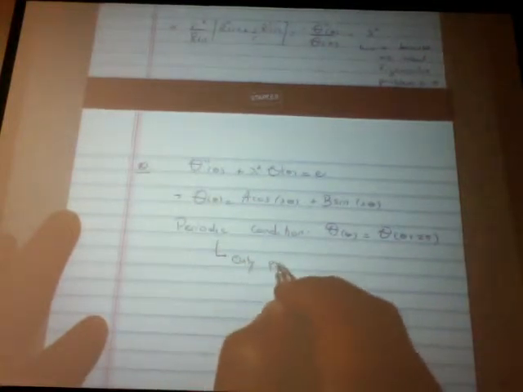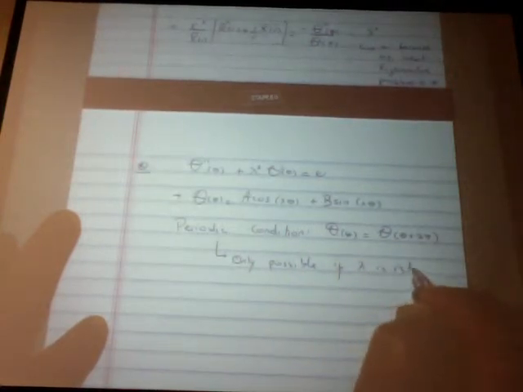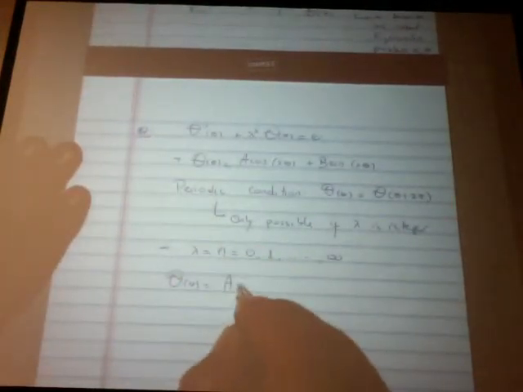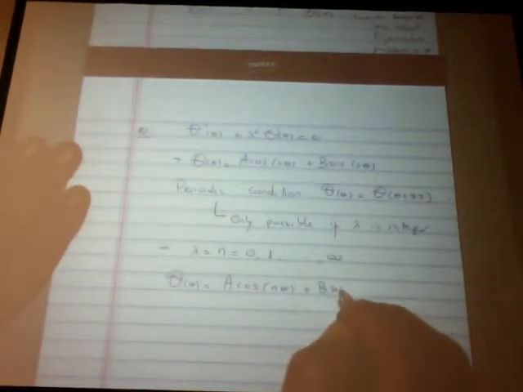So the periodic condition is only possible if lambda is an integer. So we're going to let, therefore, lambda be equal to n, which is equal to 0, 1, all the way to infinity. So the solution Theta of theta, because of periodicity, just becomes A cosine of n theta plus B sine of n theta.